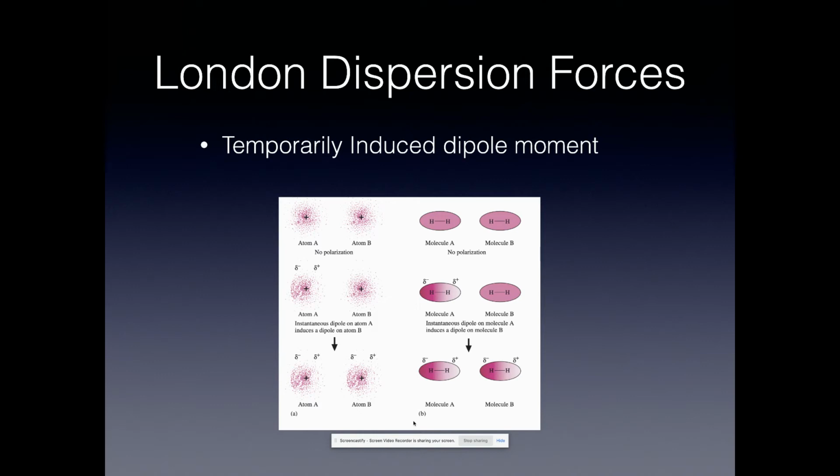But understand something. Electrons don't stop moving. These are very short. They form, they leave. They form, they leave. Okay? But they happen often. So it's happening so quickly that it's almost as if these are there all the time. They're just changing where they are. So they're temporarily induced dipoles.